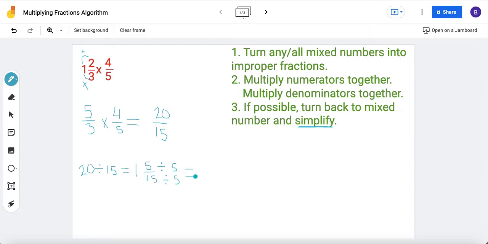Which will give me a final simplified answer of 1, because that stays the same. 5 divided by 5 is also 1. And 15 divided by 5 is 3. So it gives me a final answer of 1 1/3.